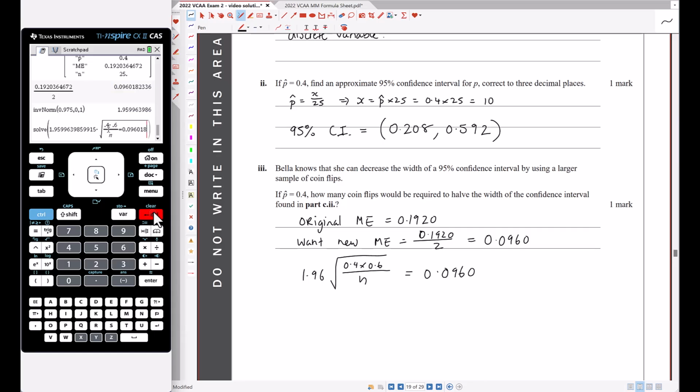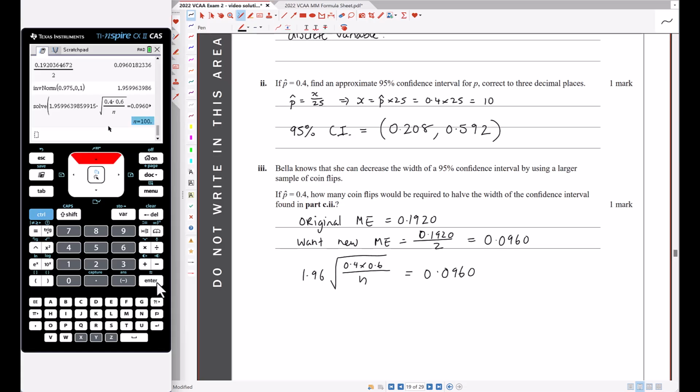Oh, sorry, the equals is outside the square root. And we want to solve that for n. Okay, and so that gave me n equals 99.999. Okay, so n is 100. So she'd need to do 100 coin flips rather than 25 coin flips in order to halve the margin of error.